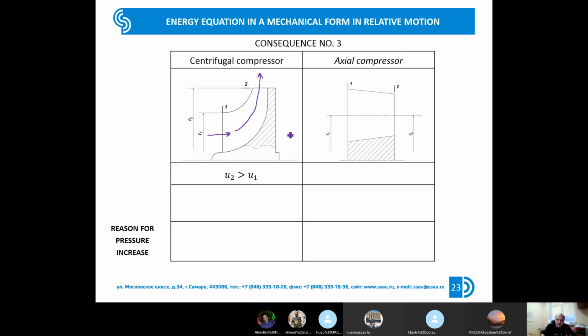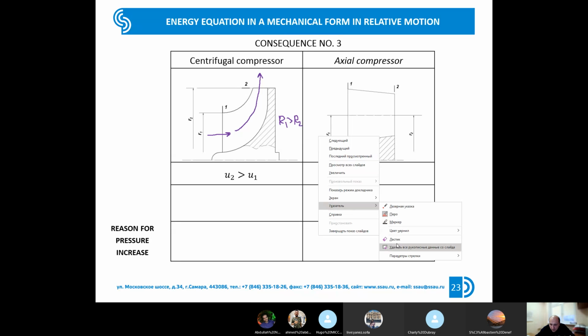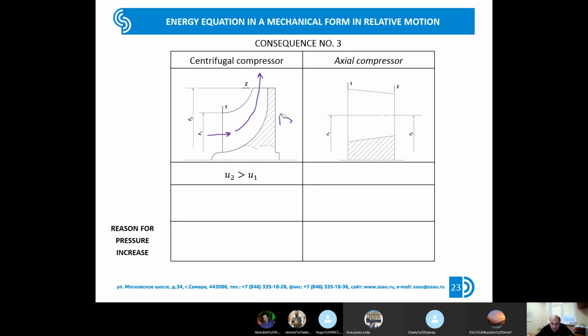So we could say that R1 is more than R2. Sorry, it's a mistake. So we could say that R2 is more than R1.